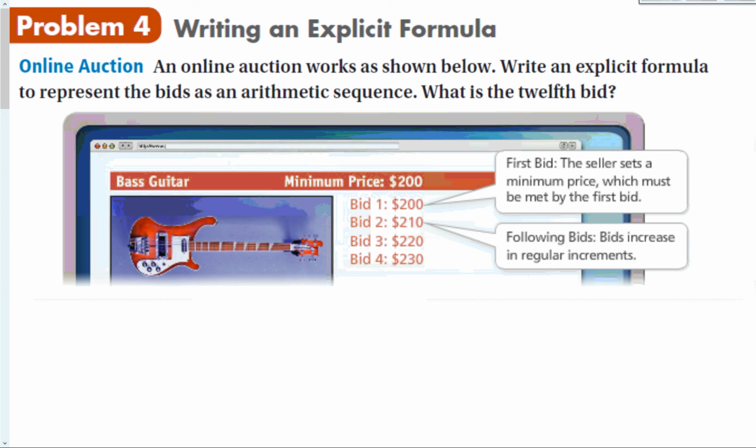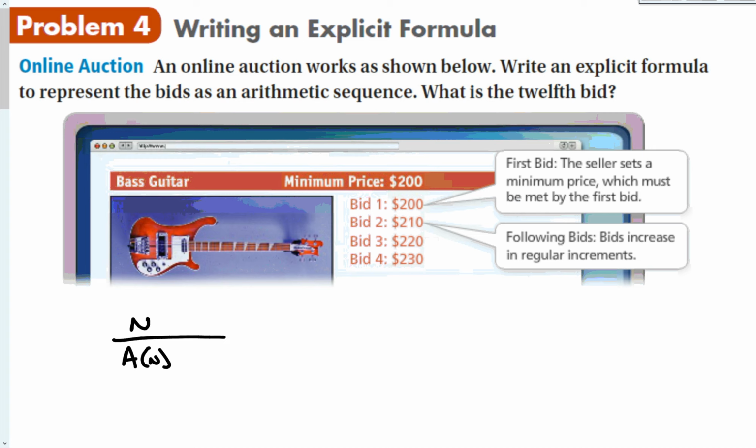So let's try this with this sequence right here with this guy who's buying a guitar. An online auction works as shown below. Write an explicit formula to represent the bids as an arithmetic sequence. What is the 12th bid? So let's make a little table. Here's n, and then we have a of n.